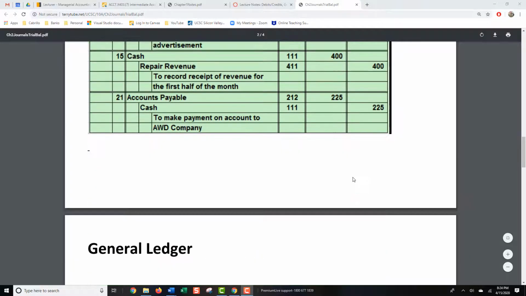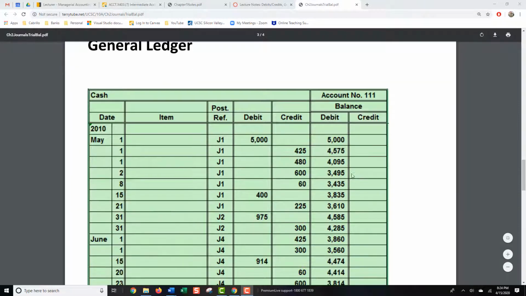Then in the ledger account for cash, you'd see the debit and those 3 credits. And then you see another set of columns that keeps a running balance. So at any point in time, we could say the balance at the end of May 1st in the cash account is $4,095.